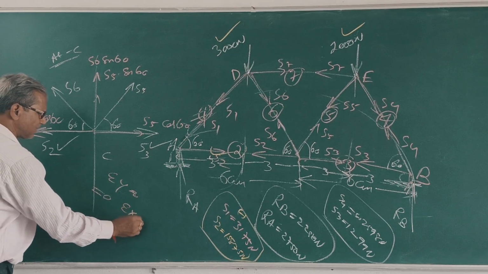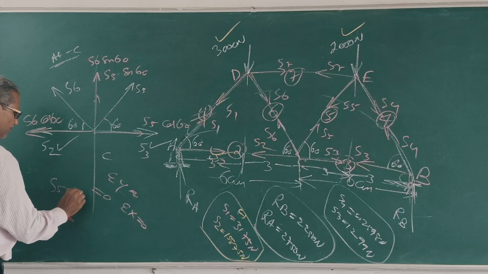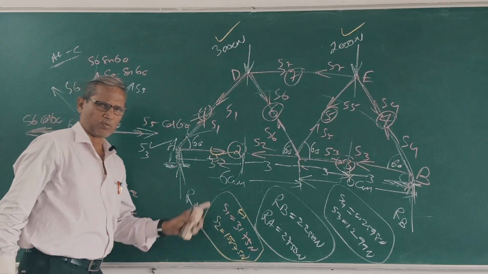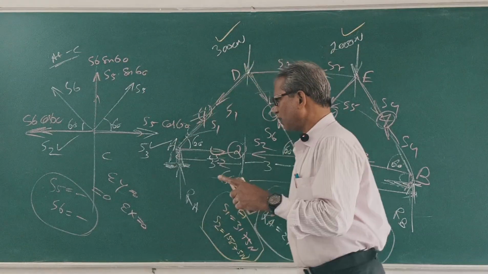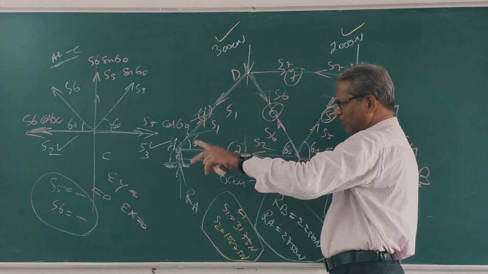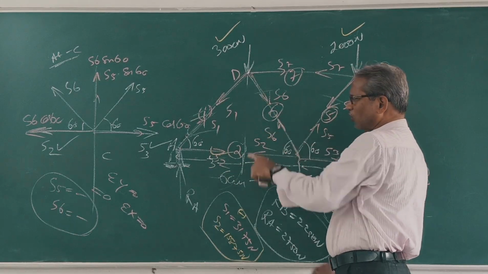Find the answers S5 and S6. You do the problem. Clear? You put in the values, make sigma y 0, sigma x 0, and find out the answers S5 and S6. Then go to point either D or E.